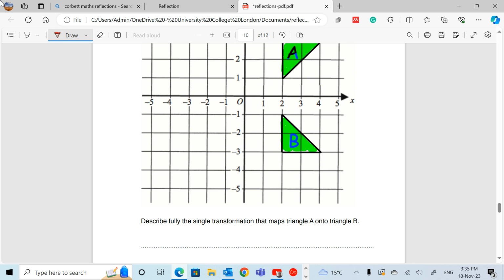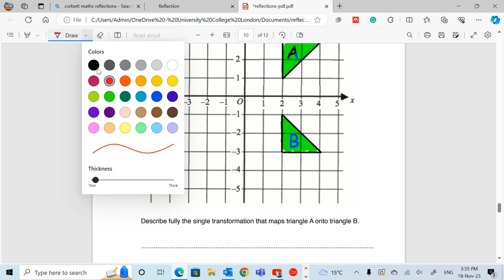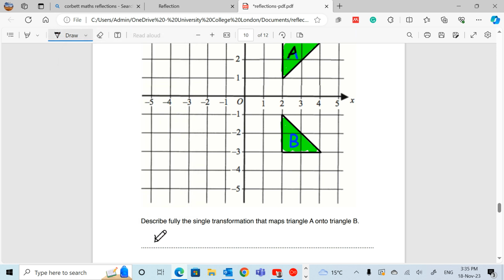And if it's a reflection, so we know it's a reflection, and I'll write in black, a reflection. So that's the key word, because that's the exercise. It's about reflecting shapes. So it's a reflection in what? Where is the mirror line now? We need to talk about where the mirror line is.